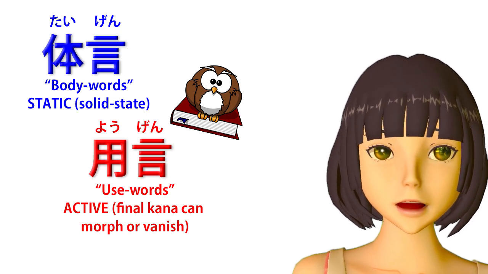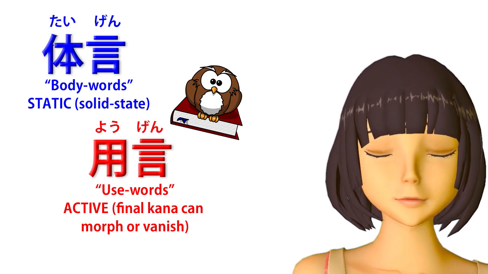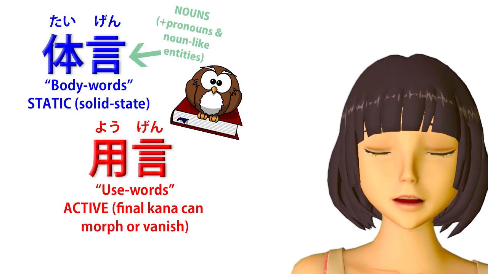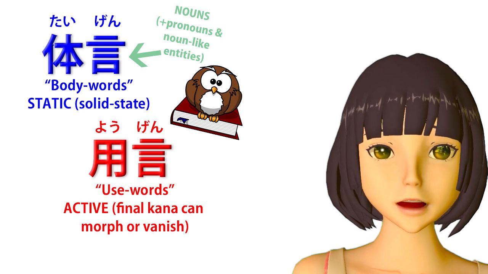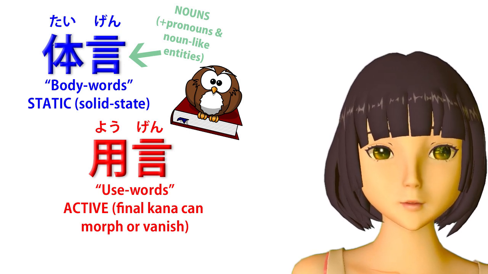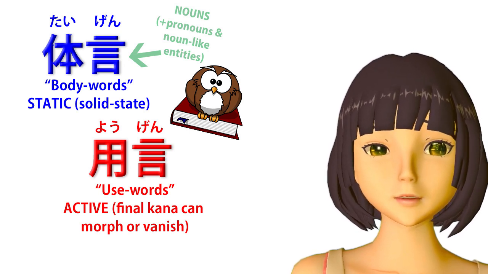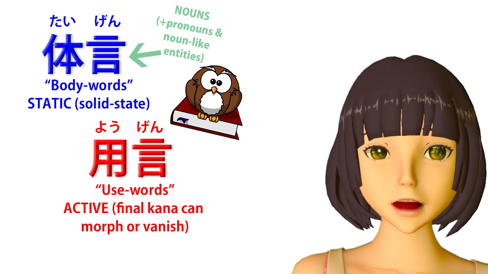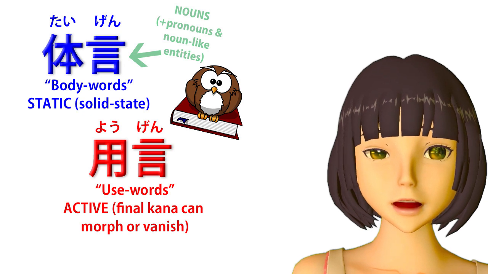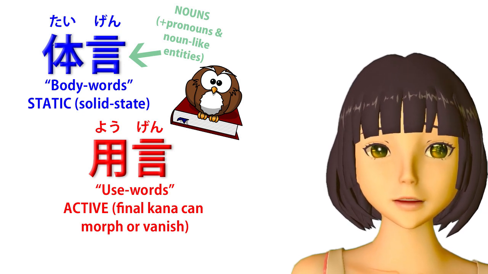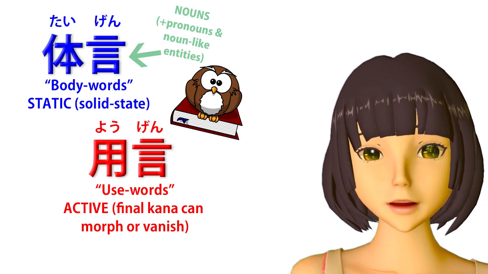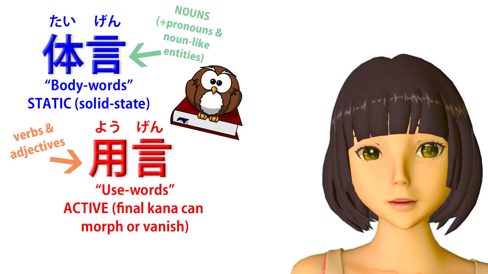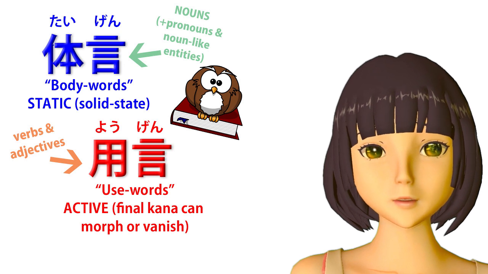Now, static or body words essentially boil down to nouns. So, in a way, this underlines the noun-centered structure of Japanese because we divide them into nouns and the rest, the other two. And it's very easy to see how this works. By active words, what we mean is those words that can transform, that can modify, and that applies to both adjectives and verbs.